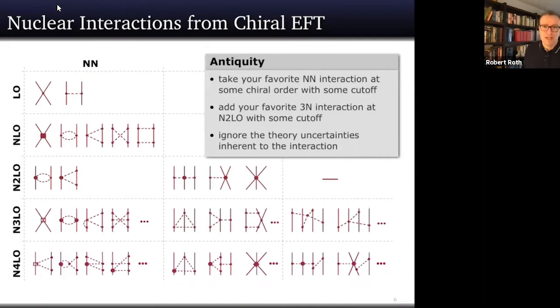so the first generations of interactions, they did typically take a favorite 2-nucleon interaction at some chiral order with some cutoff, and you added your favorite 3-nucleon interaction at N2LO because you couldn't do better, with some cutoffs, and you ignored the theory uncertainties and the inherent consistency of the chiral scheme.